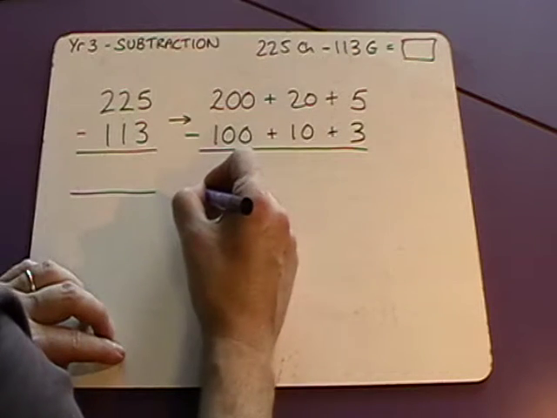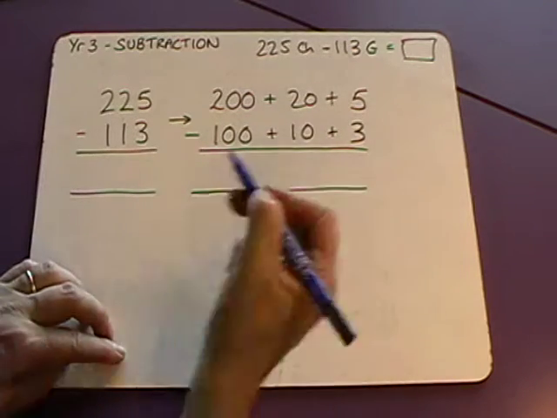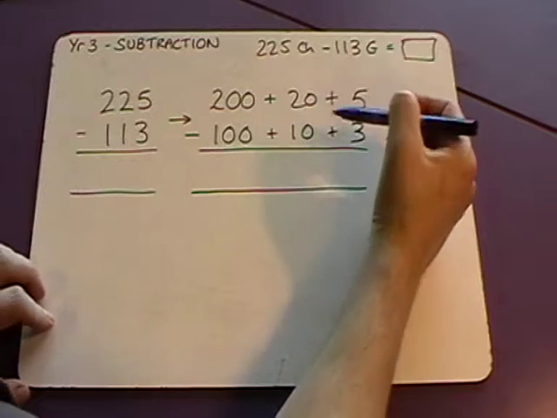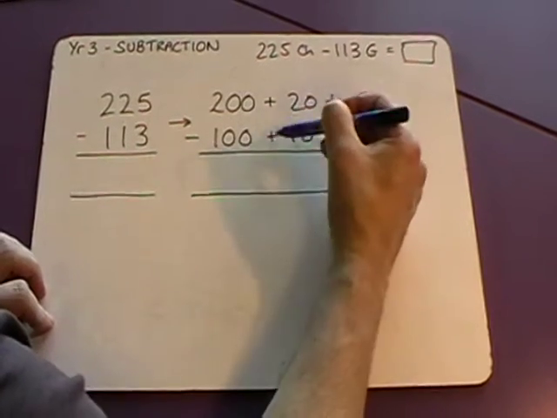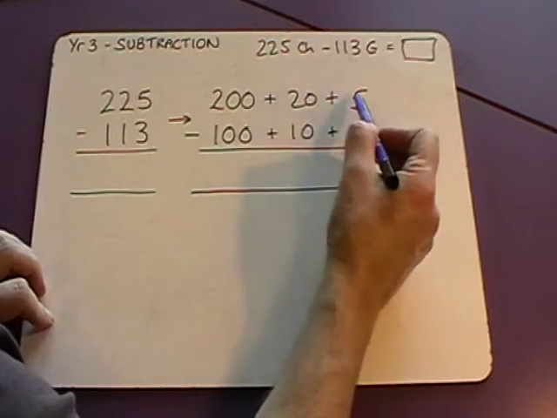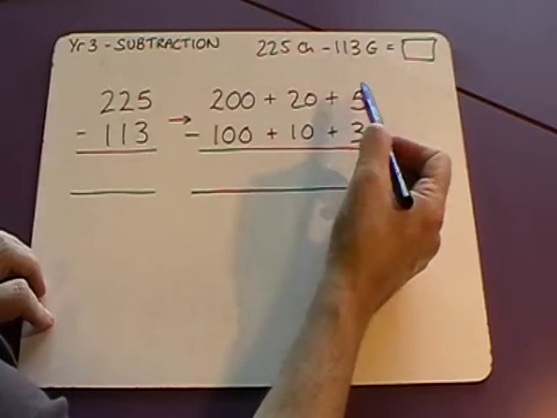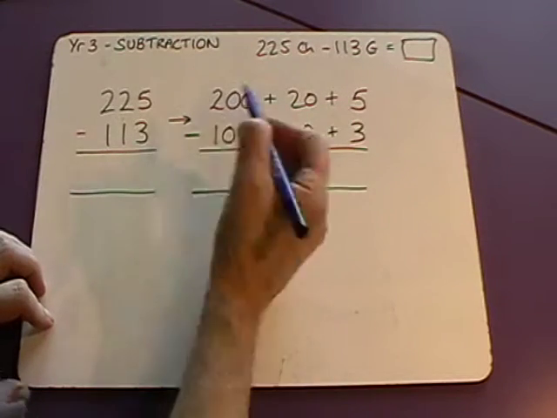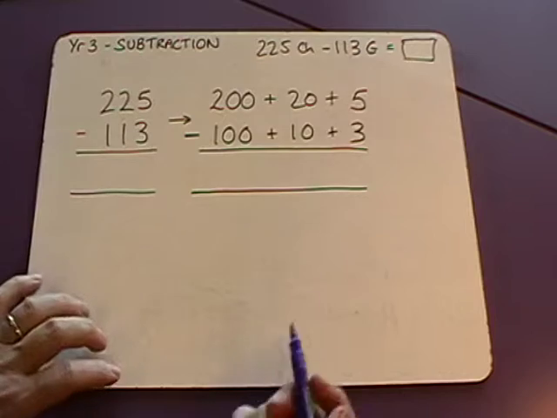Draw lines there. Now, don't be put off by the addition symbols here. That's just to show how we've partitioned the number into 220 and 5. We are subtracting, and we need to keep that in our minds when we're doing it.